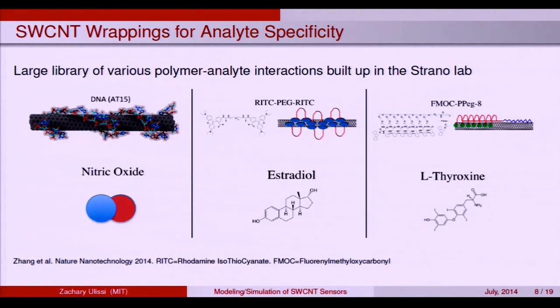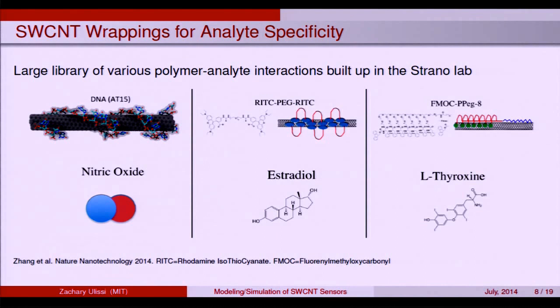So an interesting question is how exactly these wrappings lend themselves to analyte specificity. In the past, there have been a large number of experiments done within my lab to screen different wrappings like DNA or these other polymers that I'll talk about to see what they detect. And so we found experimentally that DNA recognizes nitric oxide preferentially.